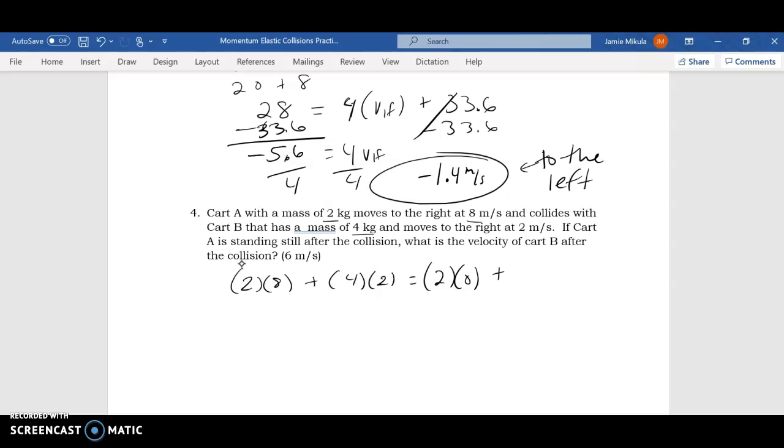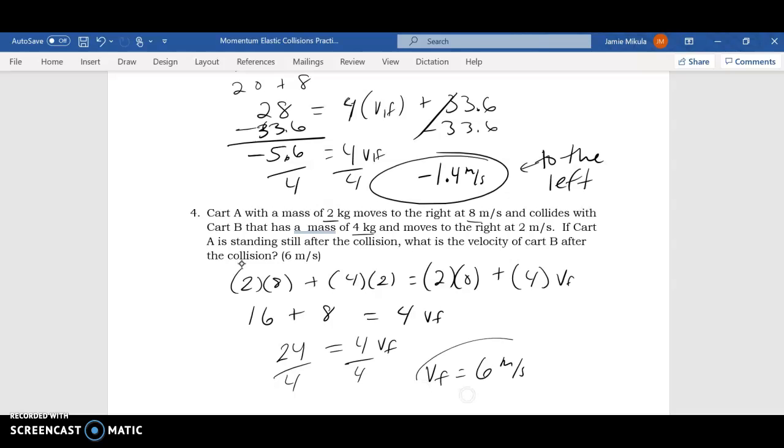And then we're looking for the velocity of cart B, which is 4, after. 2 times 8 is 16, this is 8, equals 2 times 0 is 0, so we just have 4 VF here. So add 16 plus 8 is 24. And then you just bring everything else down and you divide by 4 on both sides to get VF equals 6 meters per second.